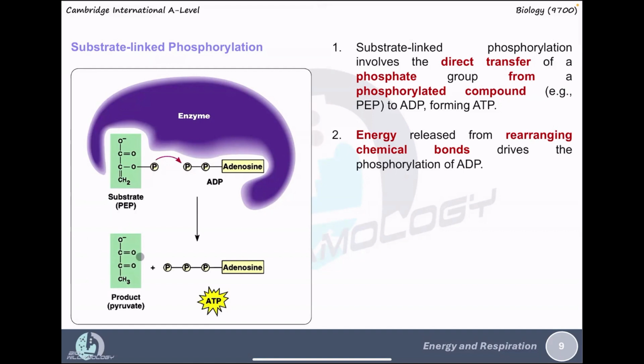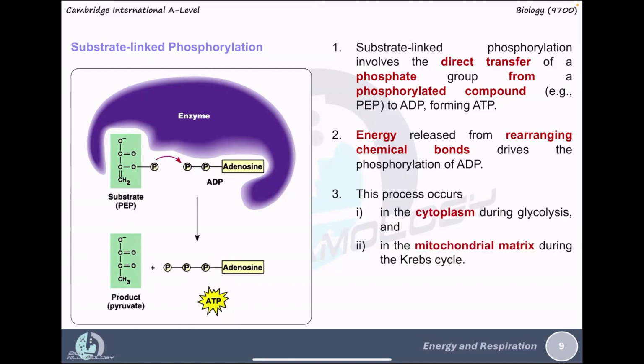This energy will be used by ADP to combine with a phosphate group to form the final product here, ATP. This process occurs in the cytoplasm during glycolysis, as well as in the mitochondrial matrix during the Krebs cycle. Don't worry about glycolysis and the Krebs cycle. We are going to explore both of these reactions in a future lesson.